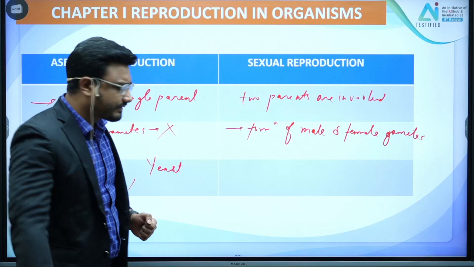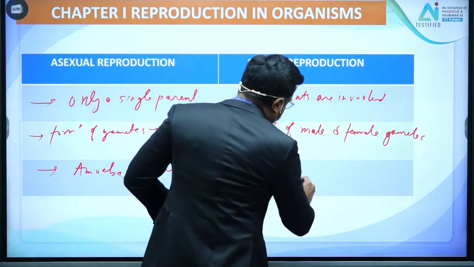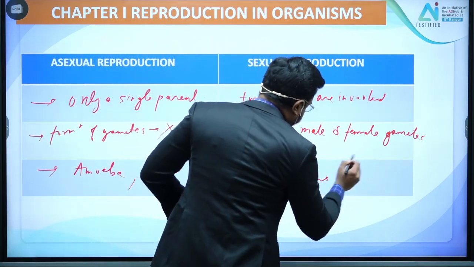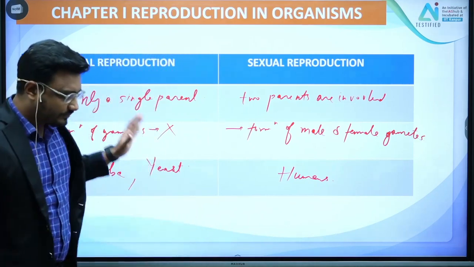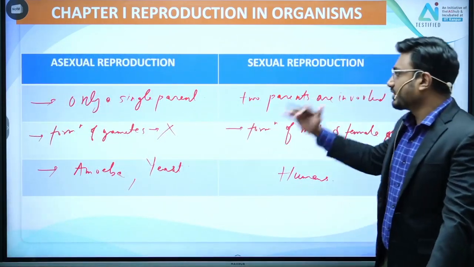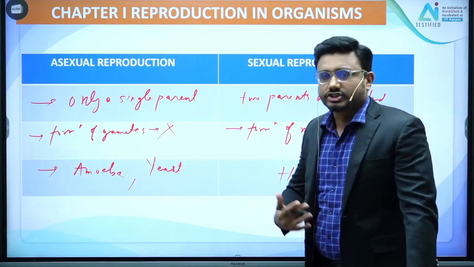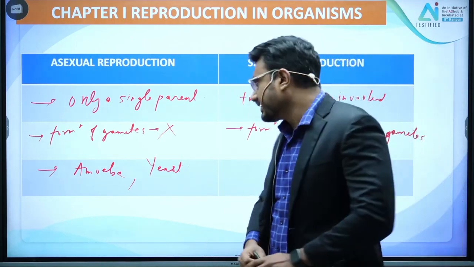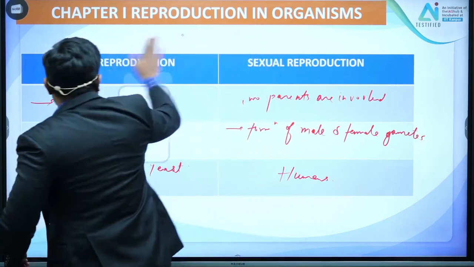Whereas sexual reproduction is seen in human beings. This slide is very important as it tells us the difference between the asexual and sexual modes of reproduction. Now let's move on to the next key concept from this chapter.